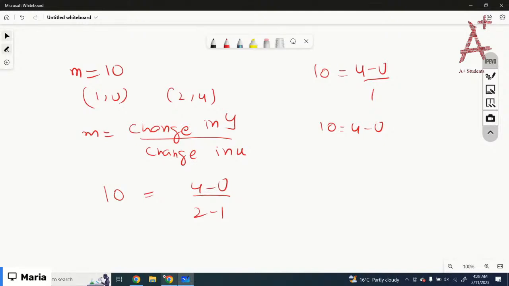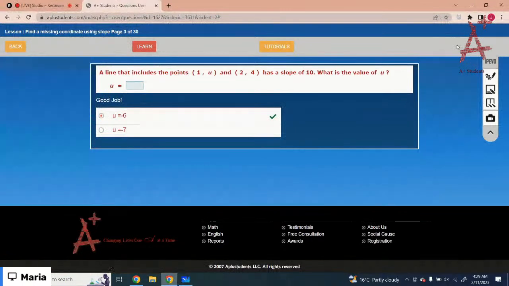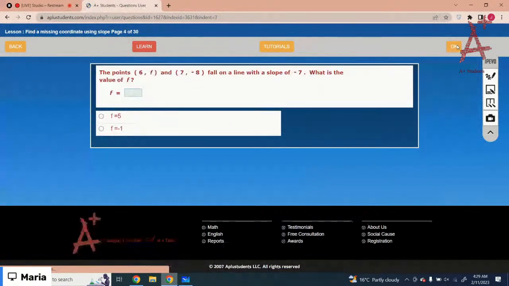So just subtract 4 both sides. It would be 4 minus 4 minus u, and 4 minus 4 is 0. 10 minus 4 is 6 and that equals negative u. That means u equals negative 6. Got it? That means the missing component is negative 6. Got it? So the correct one is negative 6. Got it? Okay.